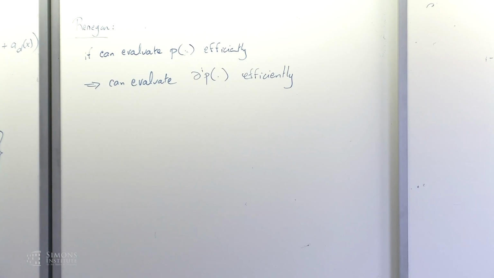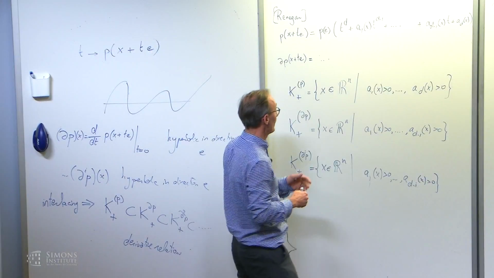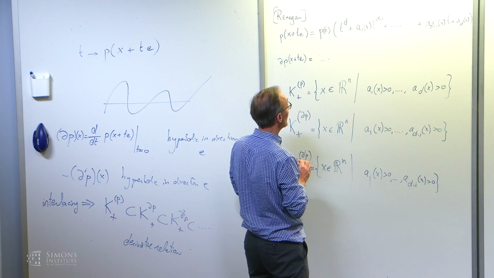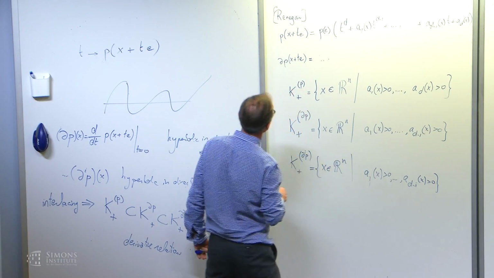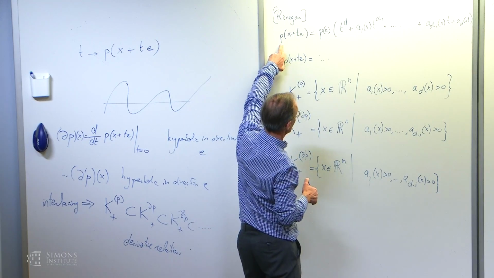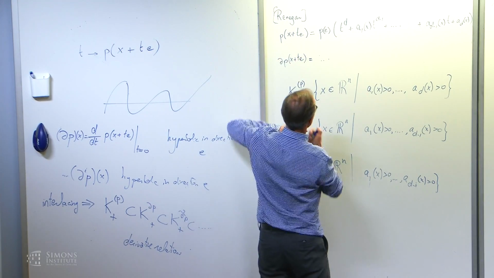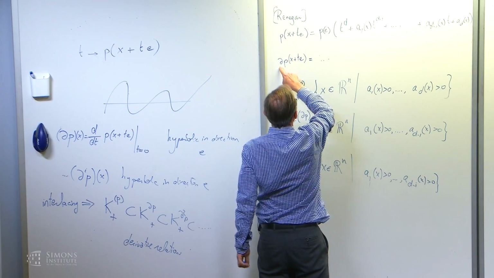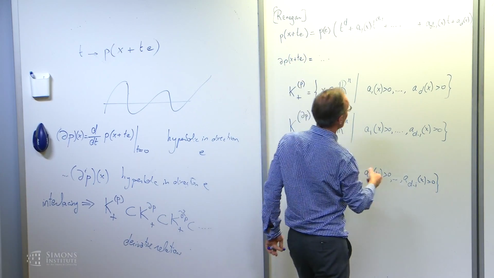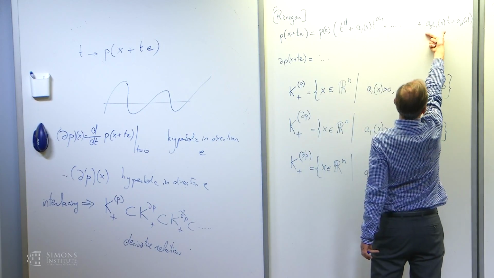It simply comes from the fact that, for example, del P of x is going to correspond to a d minus 1 of x.